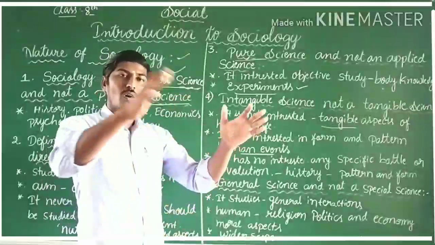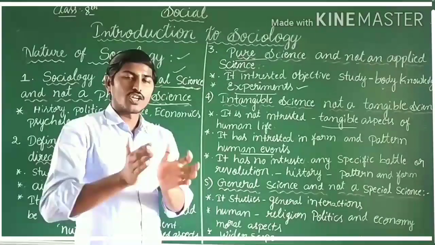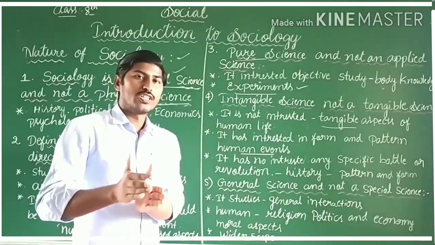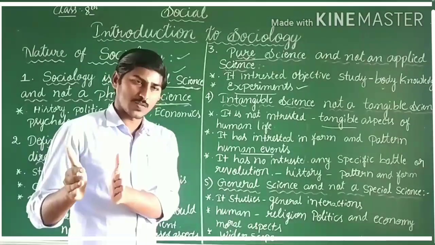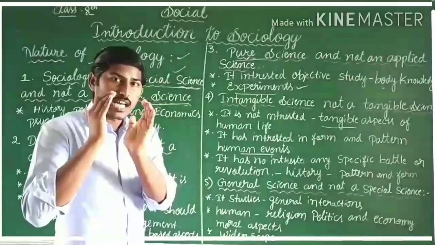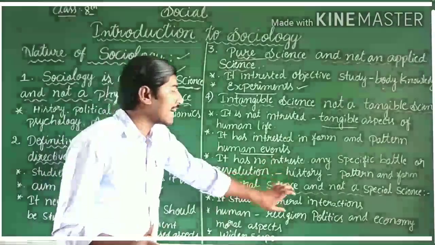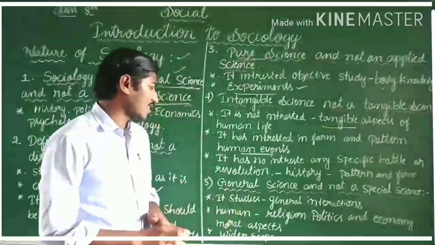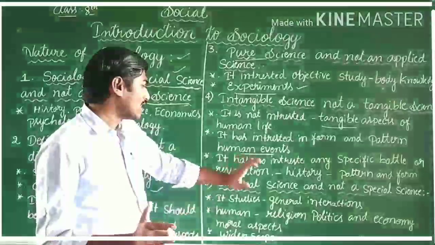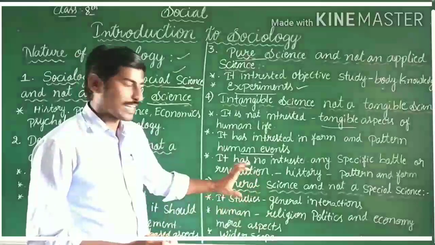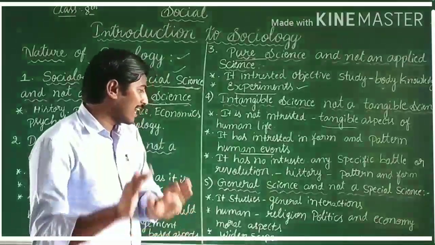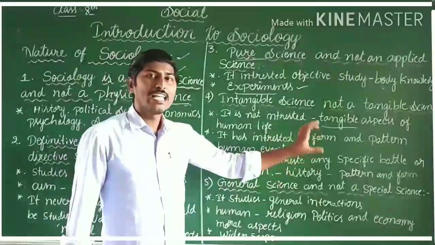Including those activities and aspects in the human, in sociology we study only the general interactions. That's why sociology is a general science, not a special science.